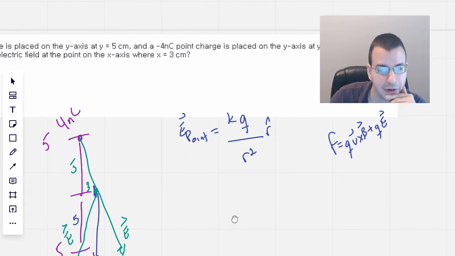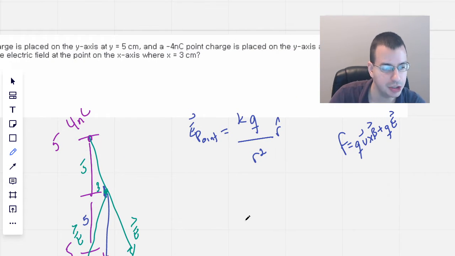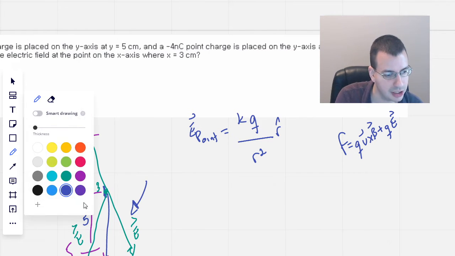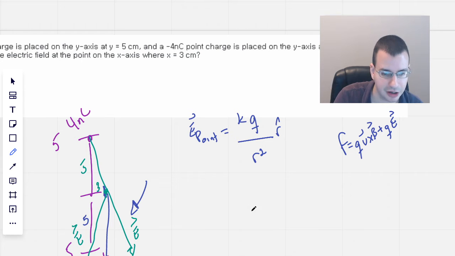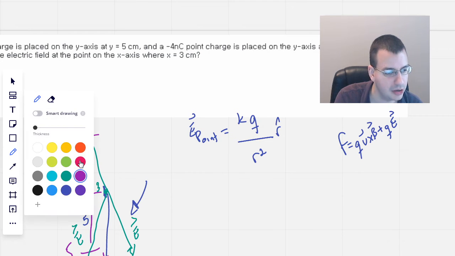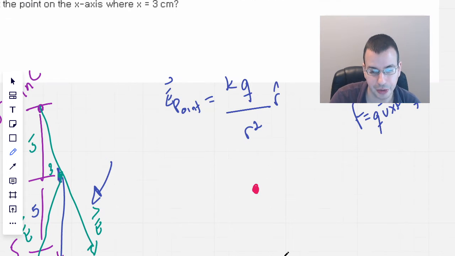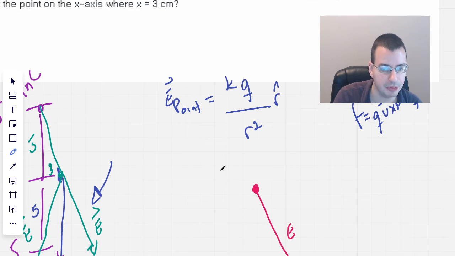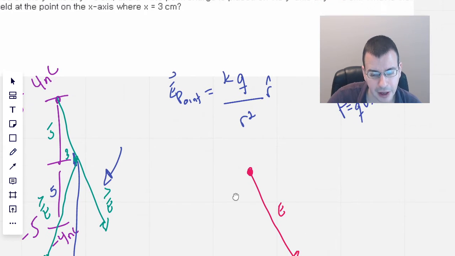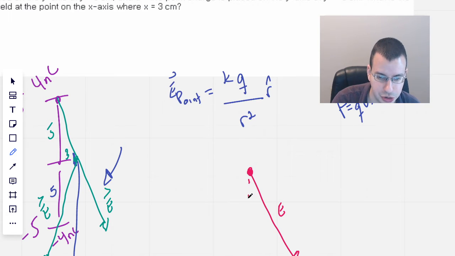Okay, so this is going to be a direction. I'm going to start by finding this one. So I'm going to look at the picture like so. So we have an electric field going this direction, and this is going to be from the +4. And I can break this down into components.